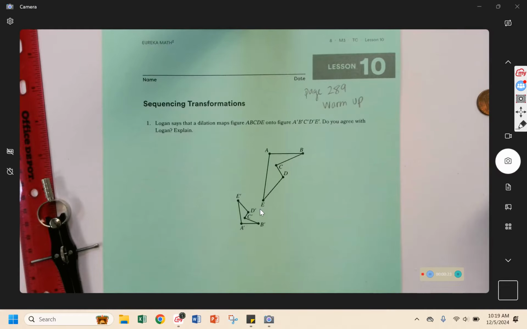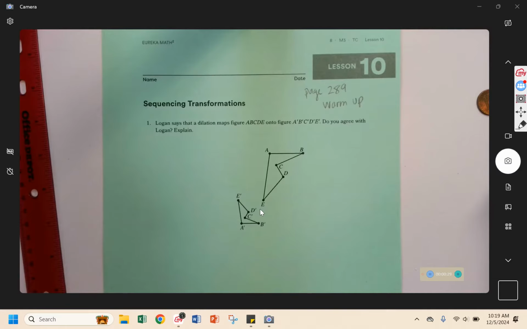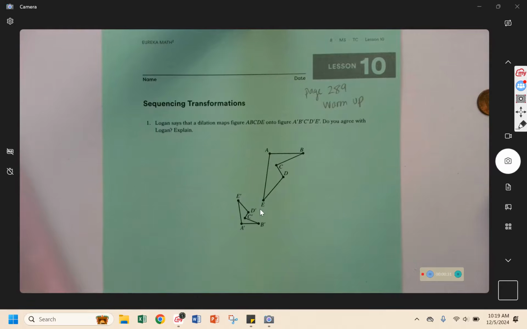It says, Logan says that a dilation maps figure A, B, C, D, E onto figure A prime, B prime, C prime, D prime, E prime. Do you agree with Logan?